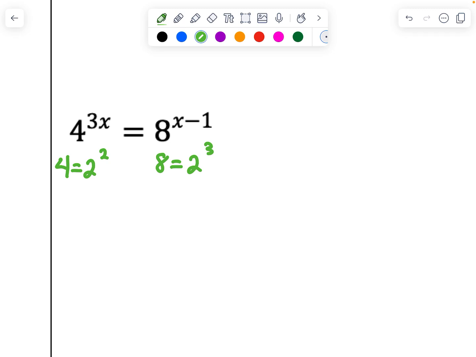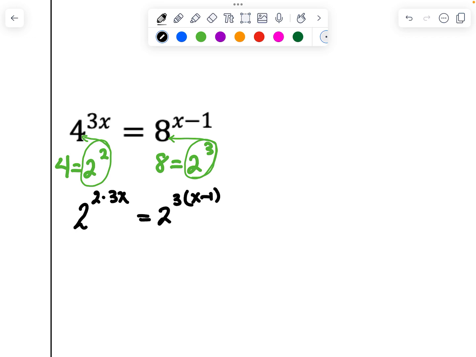So if I take this and substitute it in for the 4, and I take this and substitute it in for the 8, then the problem is going to say 2 squared to the 3x and 2 cubed to the x minus 1.